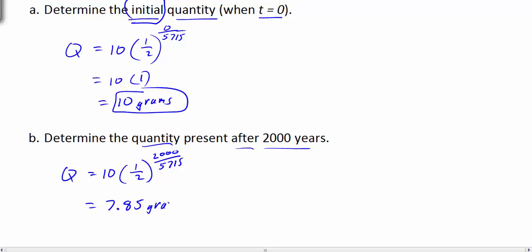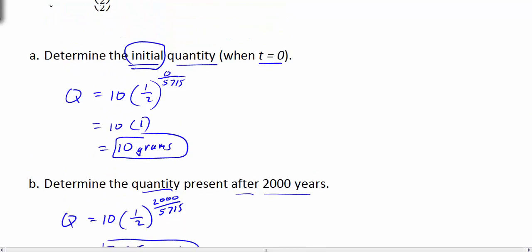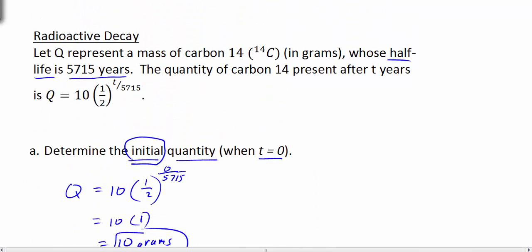7.85 grams. So if you notice here, after 2,000 years, over half of this material is still there. We still have 7.85 grams. I'm hoping that you were able to guess more than 5, because what did we state up here in the initial problem? We said that this carbon-14 has a half-life of 5,715 years.